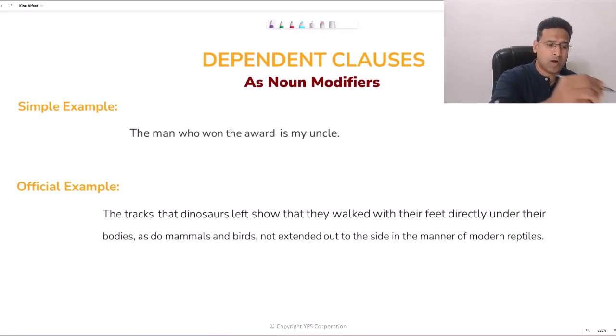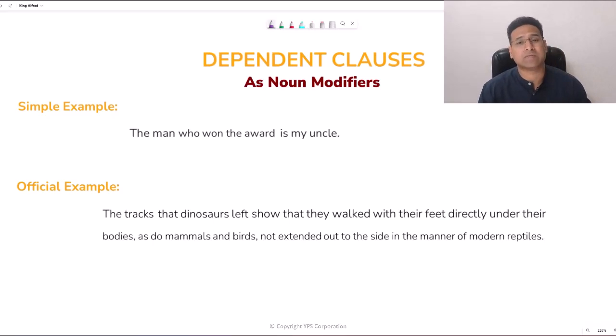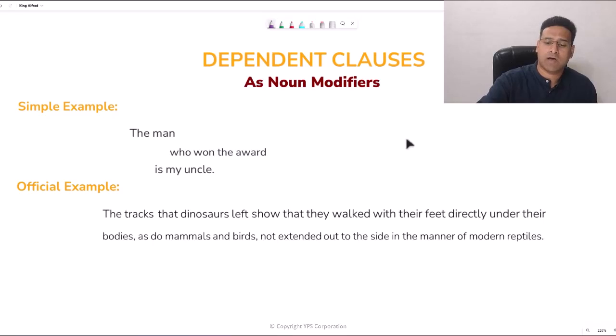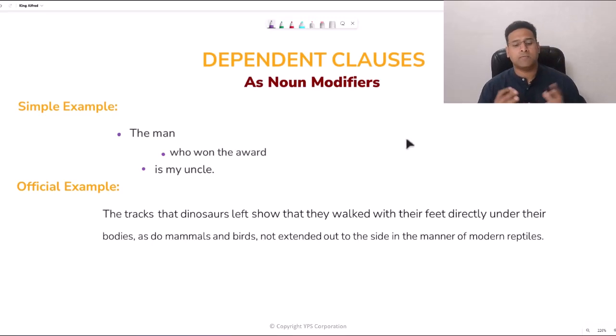The man who won the award is my uncle. All right, so if we quickly apply sentence structure analysis, we see that we're talking about a man, and we have a group of words here that describes the man who won the award, and then we have the verb for the man is my uncle. So if I were to use bullet points here, this is how our sentence structure would develop. The man who won the award is my uncle.